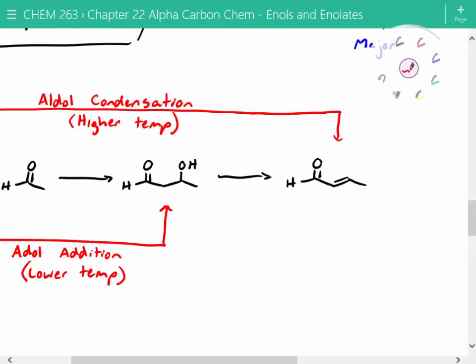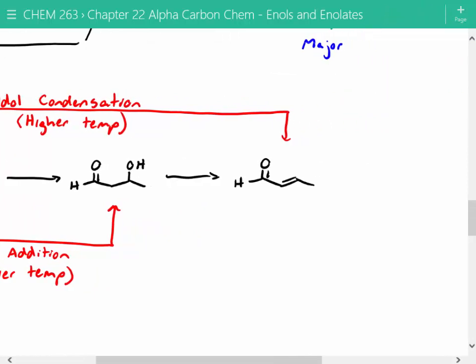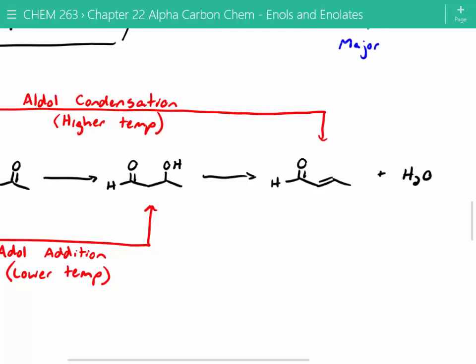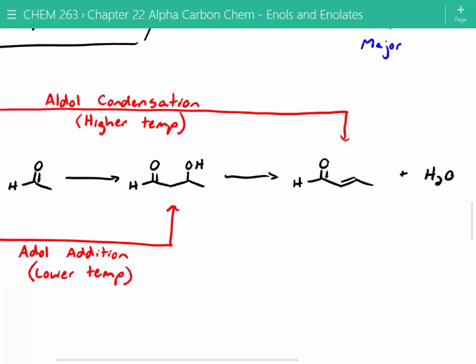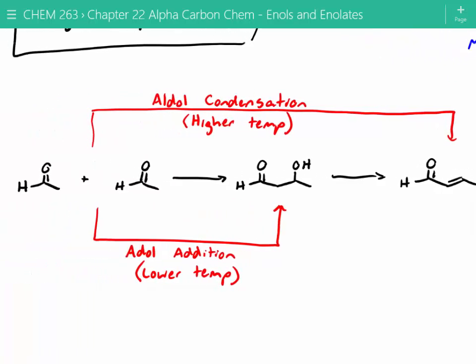It's important to remember, too, that we kick off hydroxide that ultimately gets converted into water in this reaction. So you can control whether you stop at the beta hydroxyketone or aldehyde, or you can try to push the reaction to the alpha beta unsaturated ketone or aldehyde by controlling your reaction temperature.